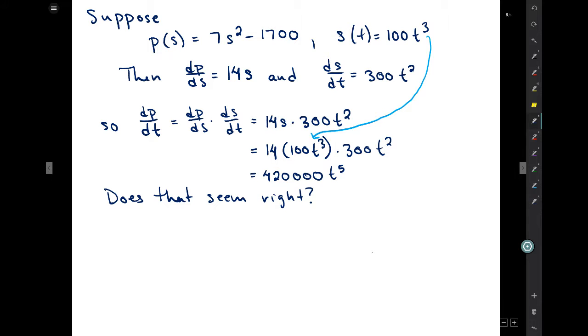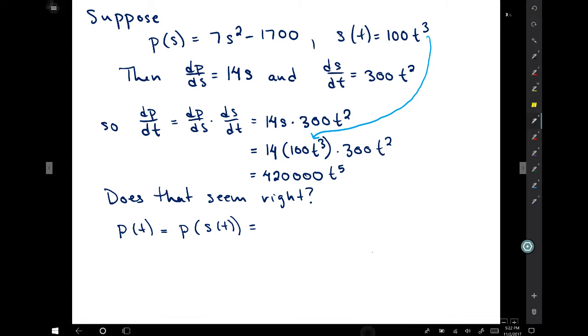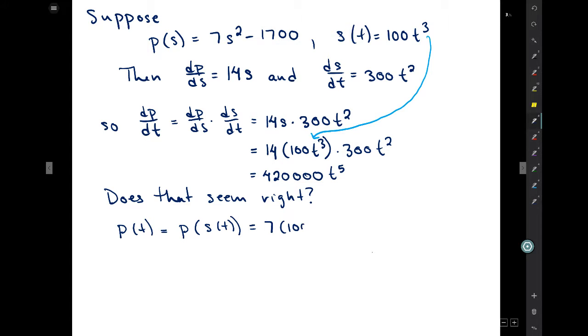Well, if we actually write down what p of t is, so p of t, you get that from taking p of s of t and simplifying it. So we take that and we simplify, and so we have 7 times 100t cubed, that gets squared, minus 1700. And if you simplify that, you end up getting 70,000 t to the 6 minus 1700.